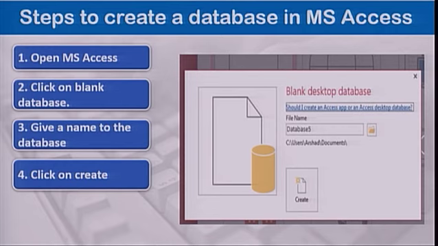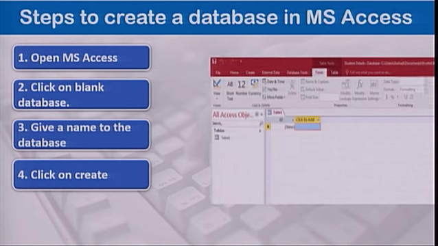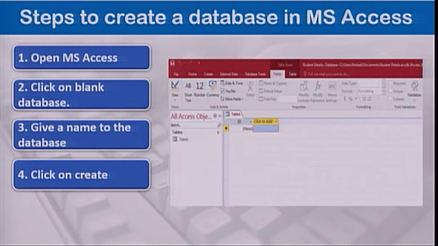The last step, click on Create. A new window will appear on the screen. This window is called the Microsoft Access interface. Congratulations! You have successfully created your first database.